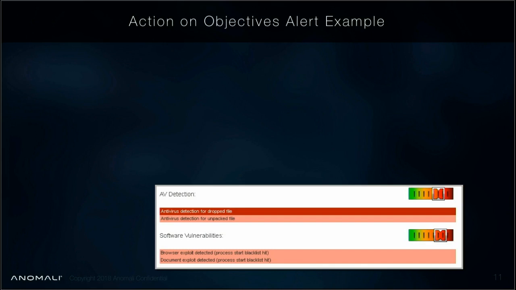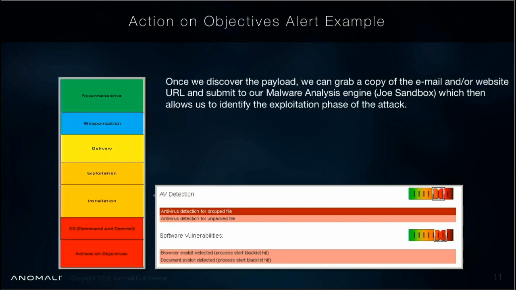Once we discover that payload, and that entails going through all the emails, all the other log files, using your SIM or using your centralized log database or tool to rip through all of the logs, what you can find around that, we're going to use some of those files, some of those URLs, and we're going to heavily leverage our sandbox to determine what was involved with all of that.